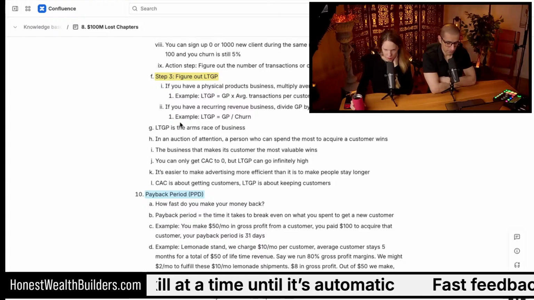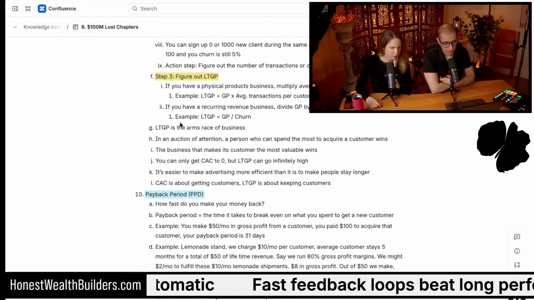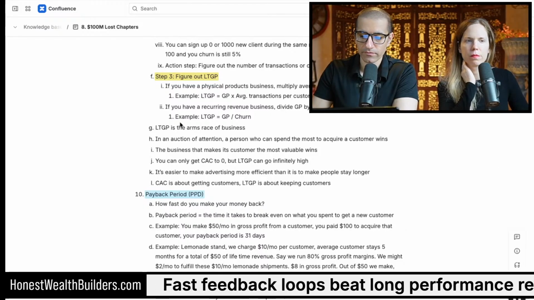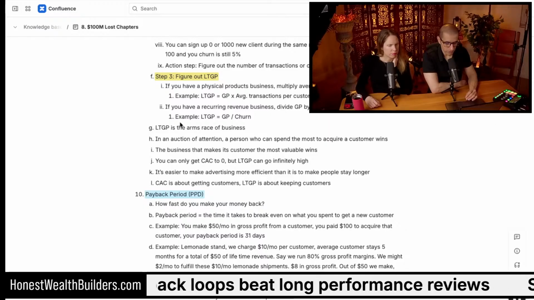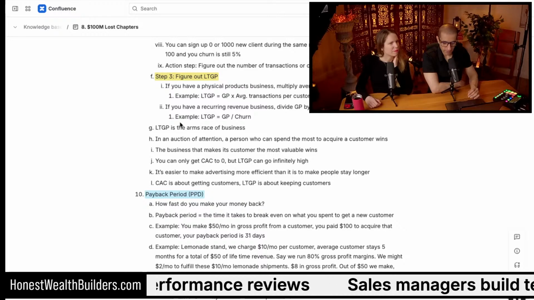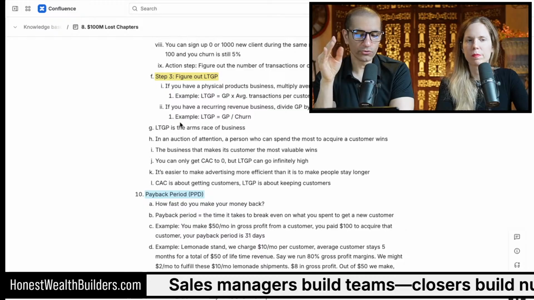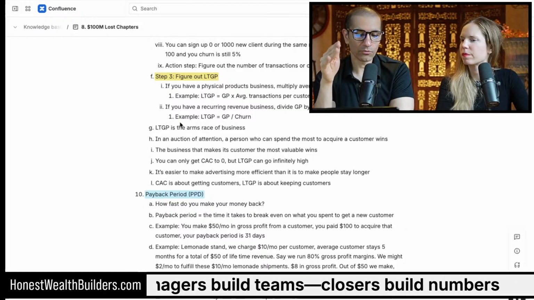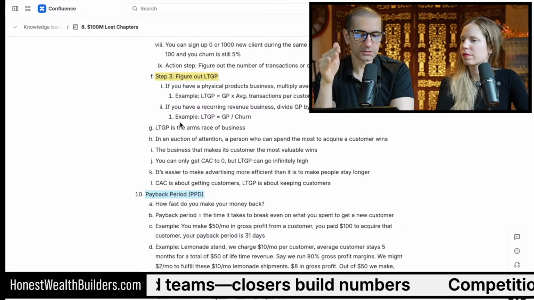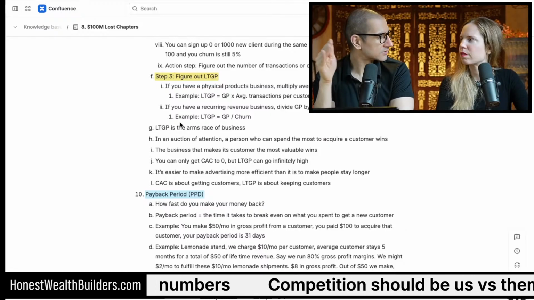Yeah. So the point of the arms race is that on the weapon side, you can keep making more and more advanced weapons. There are no winners, right?